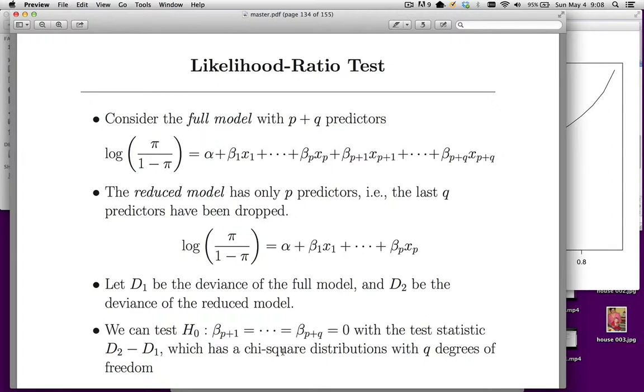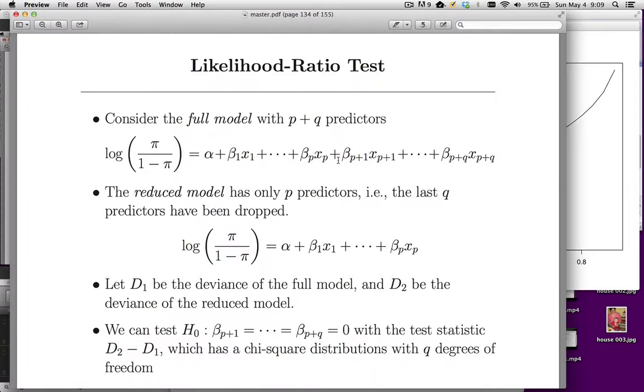The general linear hypothesis test is what I think I called it earlier. Suppose that I have a model, let's call it the full model, and this full model has p plus q predictors in it. Suppose also that we have a reduced model that has only the first p of these predictors.